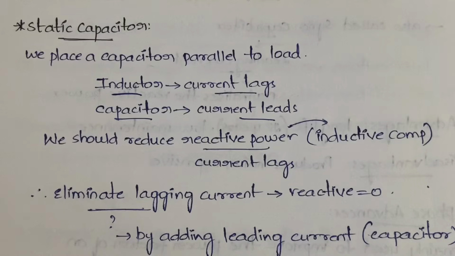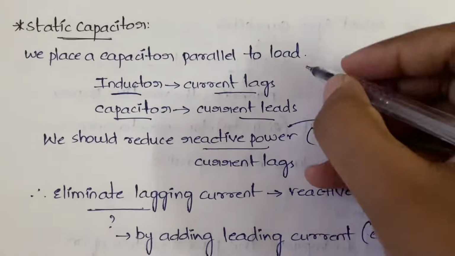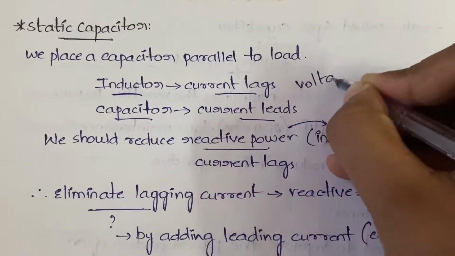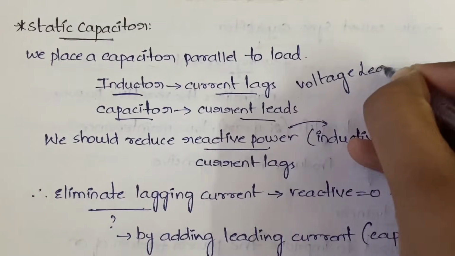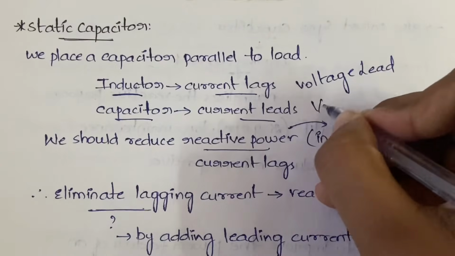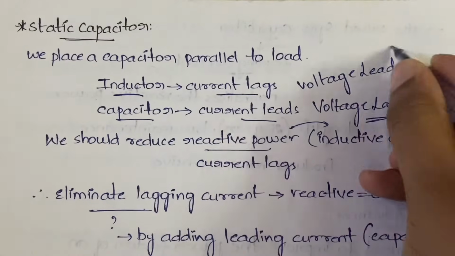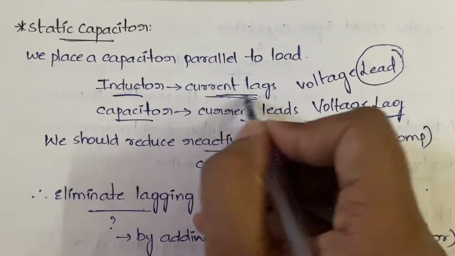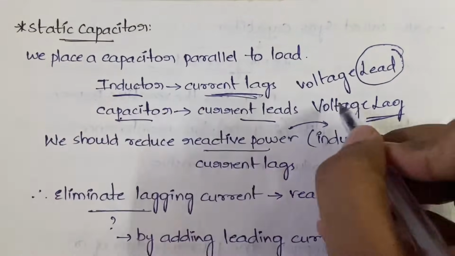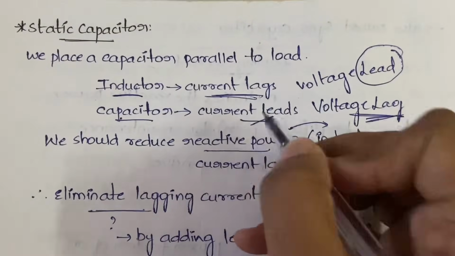In the first video where I explained the basic circuit components, I explained that in an inductor, voltage will lead, right? And in a capacitor, voltage will lag. Here, voltage leading means current is lagging. In the capacitor, the voltage is lagging means the current is leading.